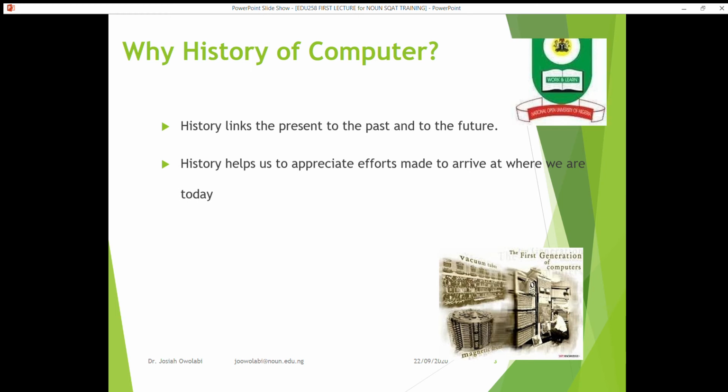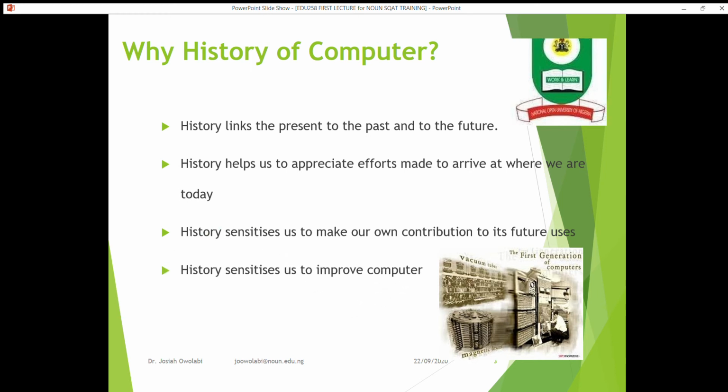When it started, it was not like that. History of computing will help to sensitize us so that you will not just be a consumer. You'll be sensitized, and not only that, you'll be motivated to make your own contribution for the further development of computing beyond where it is now.